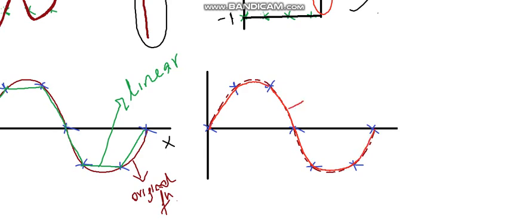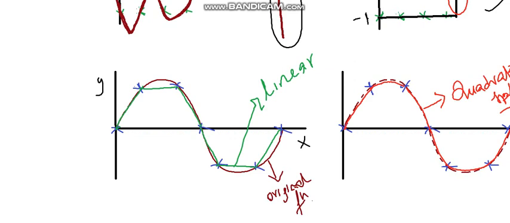This red color shown here is the quadratic spline interpolation, and it will be much more accurate to your original function.